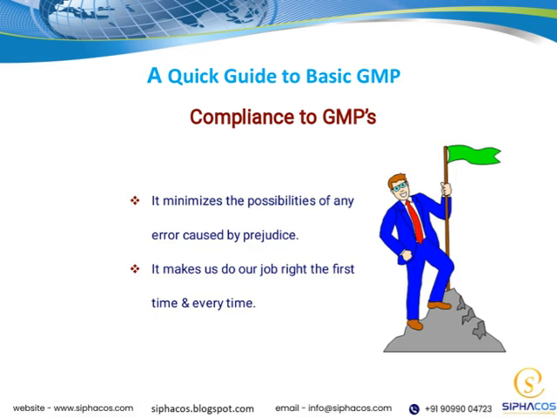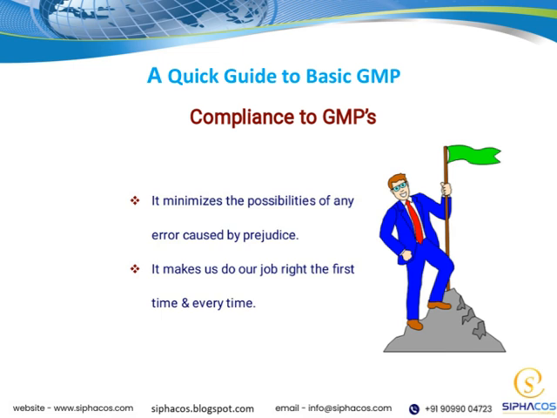Another critical aspect is personnel training. Well-trained staff understand their responsibilities and follow proper procedures, which directly impacts product quality. Documentation is also a core element. Keeping accurate records of processes, batch production, and quality checks helps create a transparent trail that can be reviewed and audited. Finally, GMP isn't just a one-time checklist.